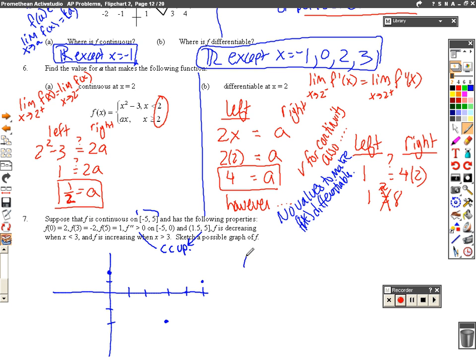So let's look at our things. This is concave down. This is f double prime is negative. This is concave up. So this is f double prime is positive. So concave up and decreasing looks like this side. We want to draw that until we get to 0.